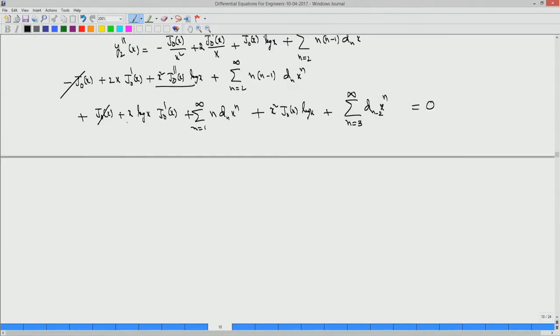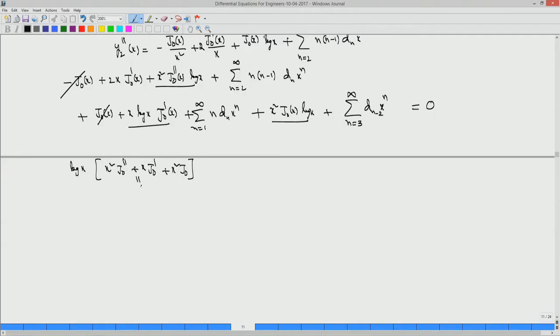Now look at these three terms: all the coefficients of log x. If you see this together, since J0 satisfies the equation, log x times x squared J0'' plus x J0' plus x squared J0 of x is equal to 0.